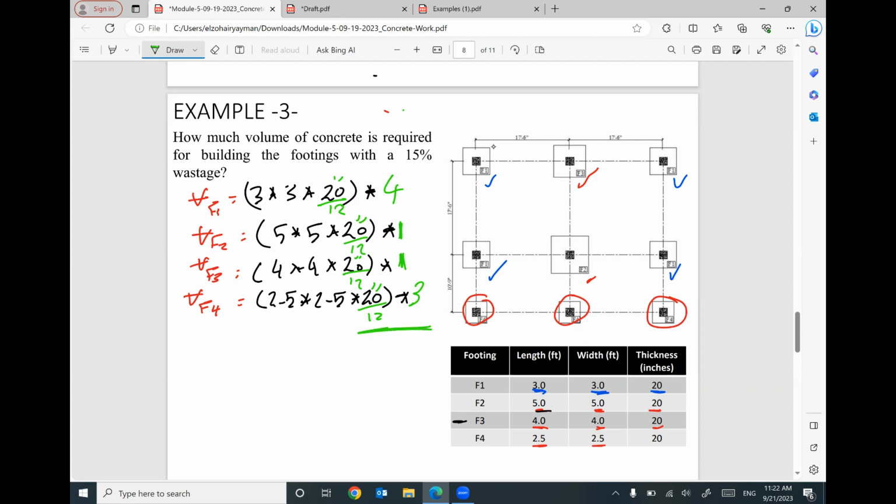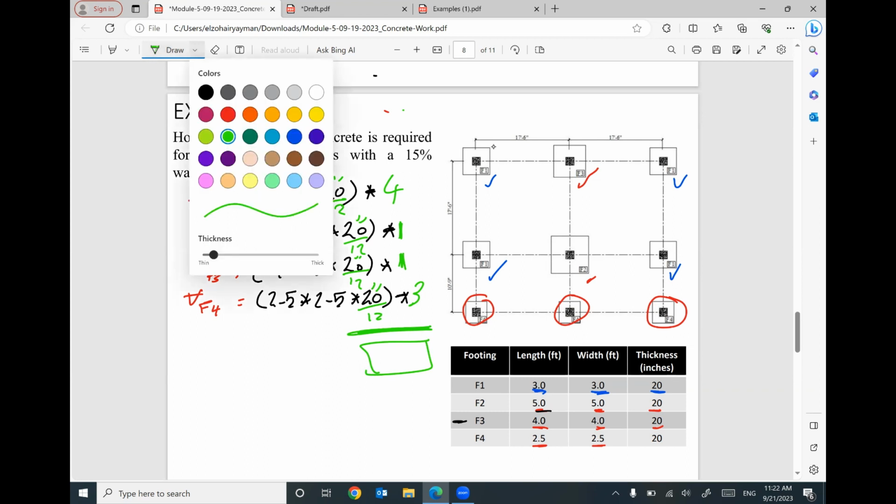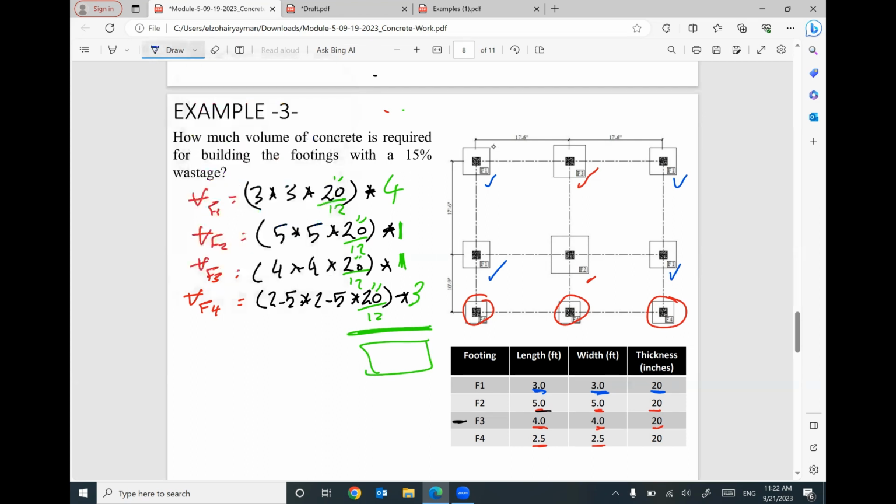If you get the summation of this volume, your summation will be something like: how much? 3 times 3 times 4 plus 5 times 5 times, plus 4 by 4, plus 2.5 times 2.5 times 20.